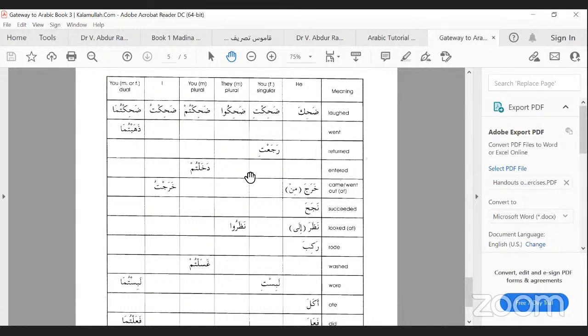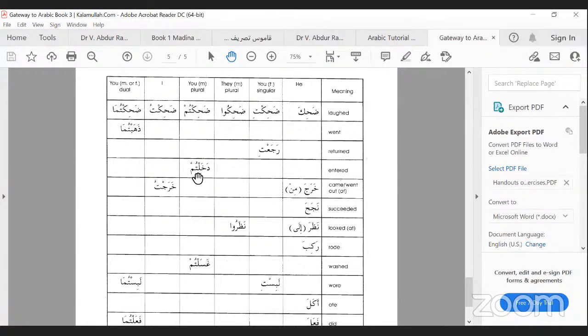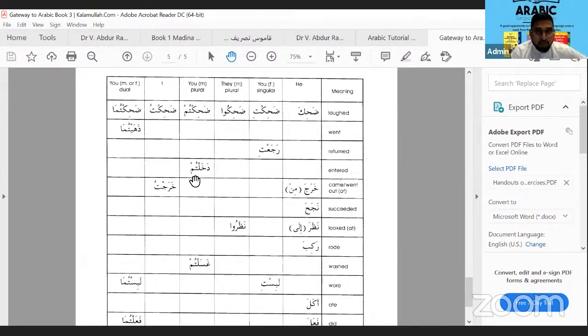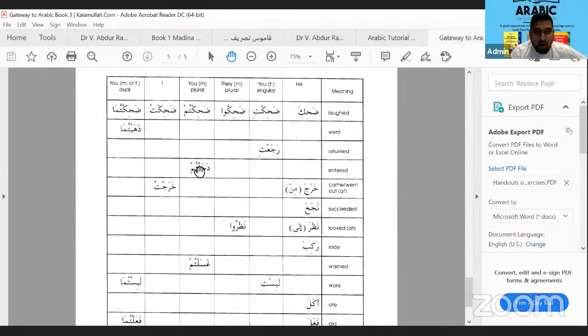Qurratul Ain, the word we have here, and we need to fill in the blanks, is dakhaltum. Dakhaltum means you entered. So if you want to make he entered, what do we need to do? What are the two steps? Step one is to remove the pronoun tum. Remove tum, the lam with a sukoon changes to a fatha, and that will become he entered.